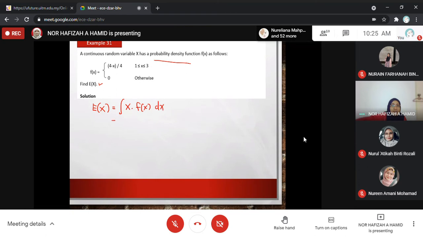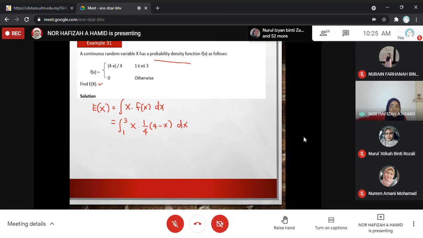Okay, so for example 31, okay, integrate tu you boleh refer je pada interval 1 until 3 and X you copy X and Fx. So Fx, you substitute function yang dibagi ni. So function ni is 1 over 4, 4 minus X, dx.